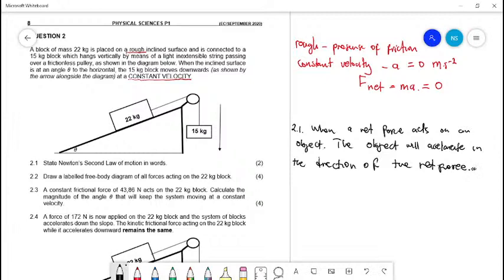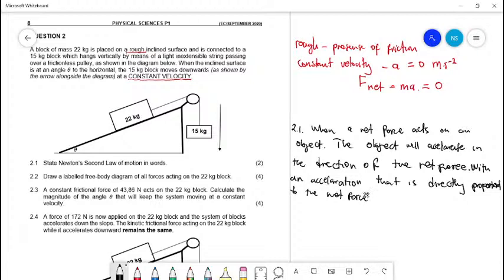With an acceleration that is directly proportional to the net force.